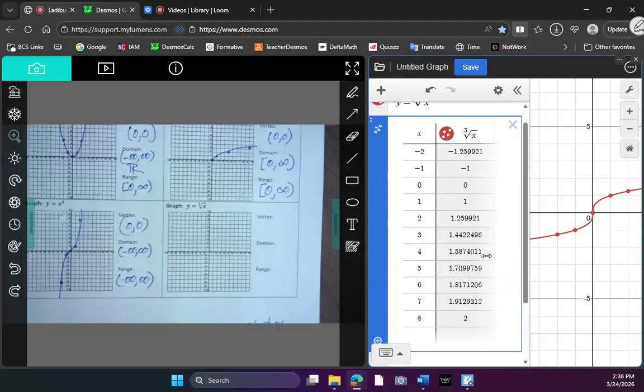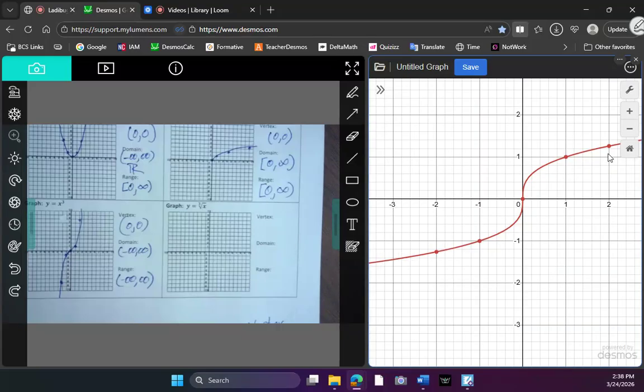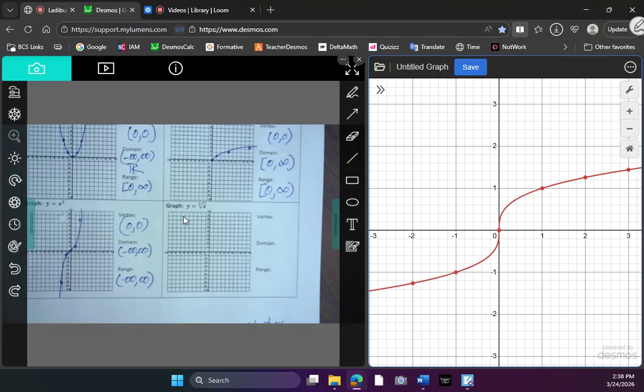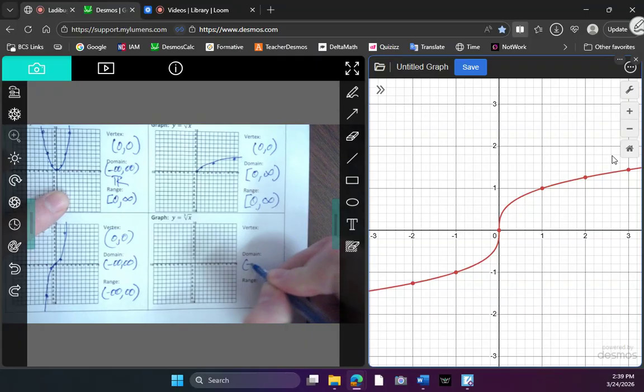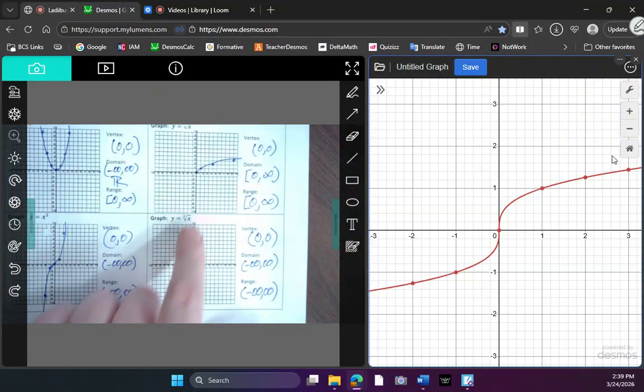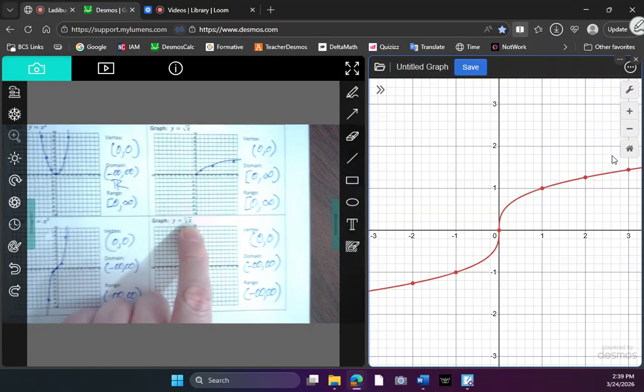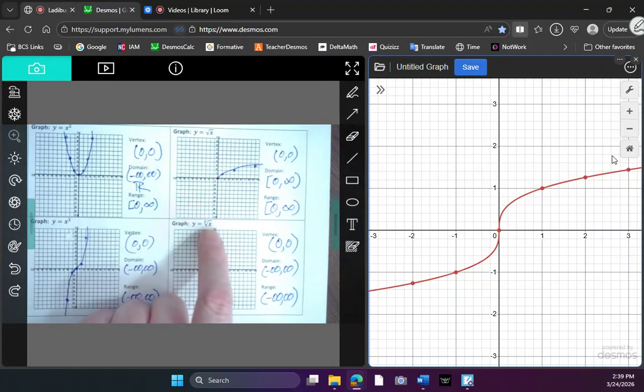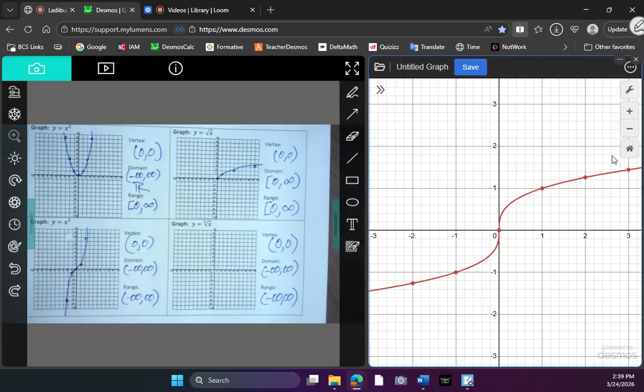And you can see here that this also turns that S shape that is x cubed on its side, and this is going down and to the left forever and up and to the right forever. So yet again, the domain and range are negative infinity to positive infinity. And then the vertex is still at 0, 0. We don't see anything added or subtracted to those x's.